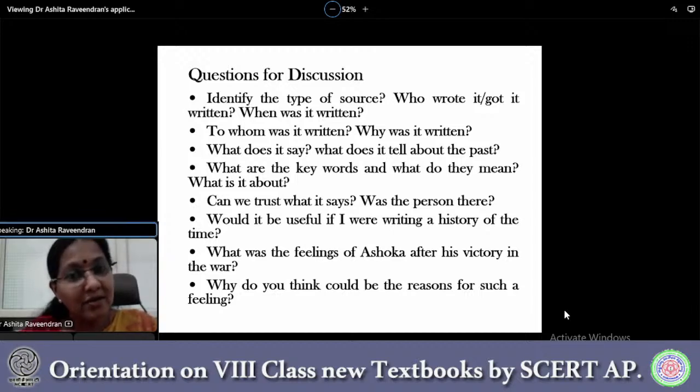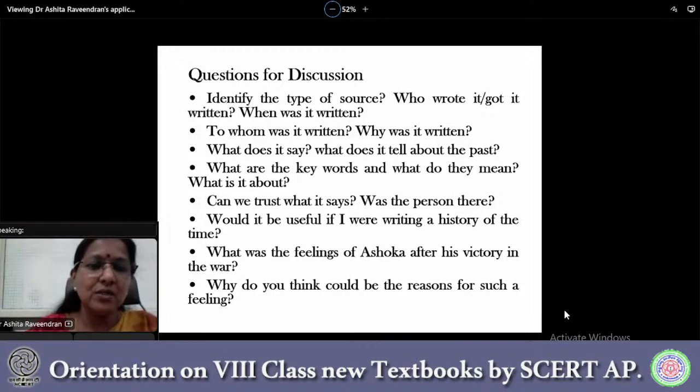Here the child has to put himself or herself in the position of Ashoka and start thinking about what could be the reasons why the ruler is feeling that this war should not have happened. There should be peace in the country, wars should be avoided, and dharma should prevail.